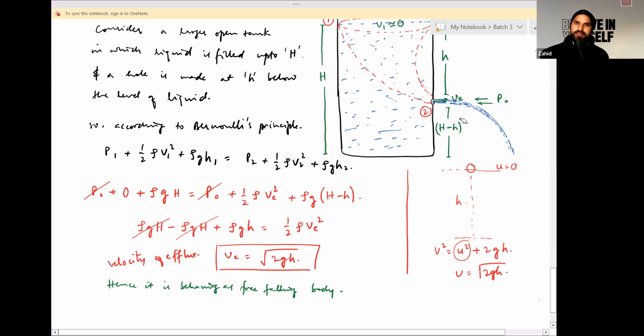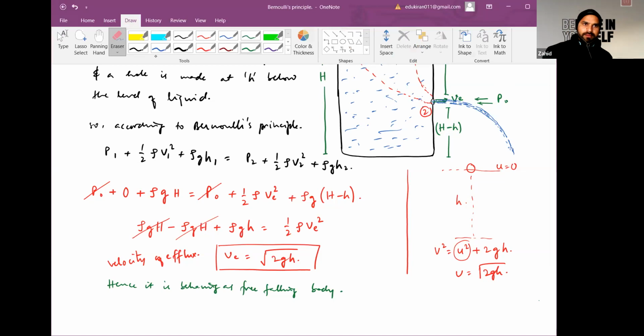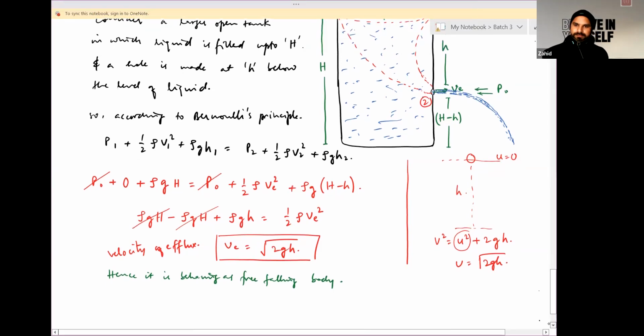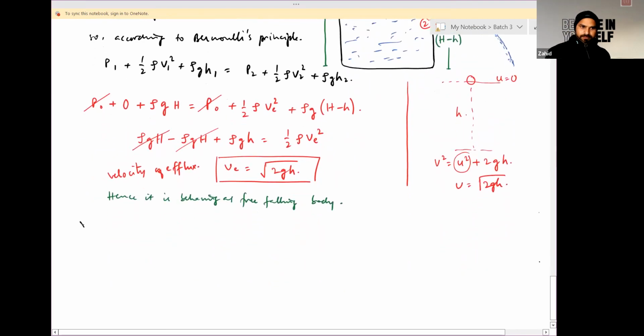So we can calculate time of flight and range related to this part. So, time taken by liquid to hit the ground.